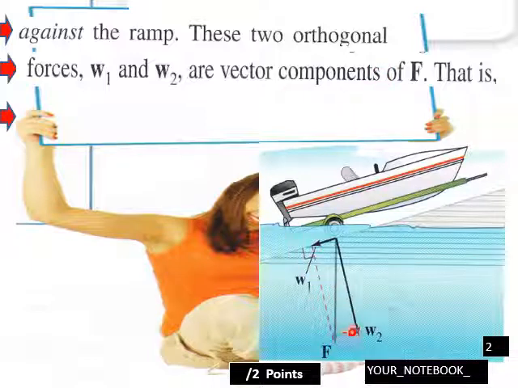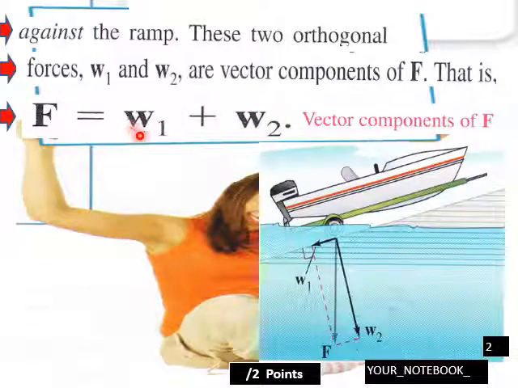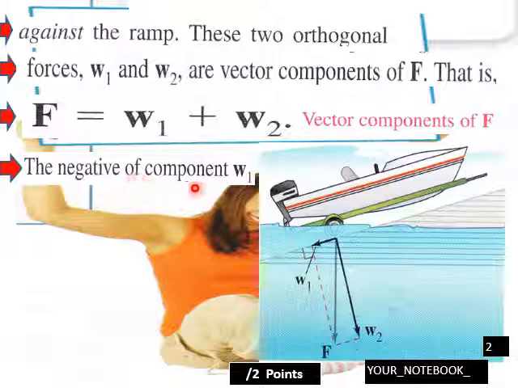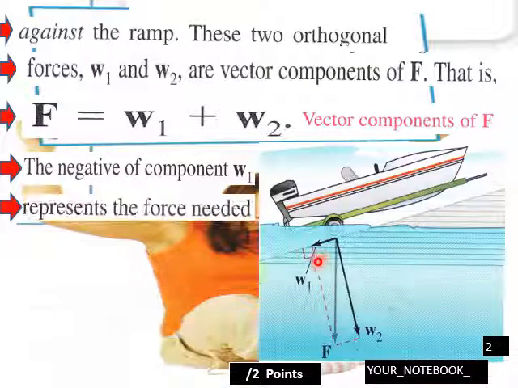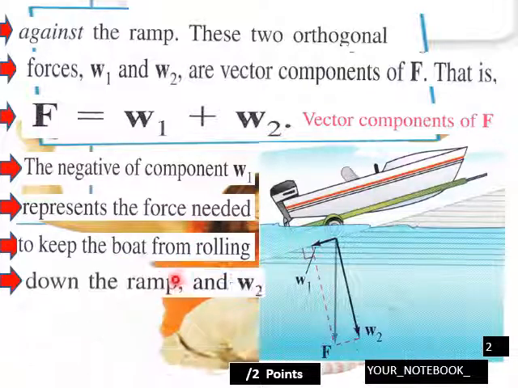They are vector components of F. So W1 and W2 are called vector components of F. That is, F equals W1 plus W2. So F here, the general force down, equals W1 plus W2, vector components of F. The negative component of W1 represents the force needed to keep the boat from rolling down the ramp.